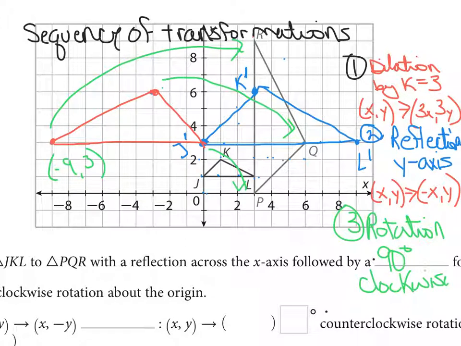And up here, R is (3, 9). And so it's going to be (x, y) goes to, whoops, I'm sorry. Yes, it would be y becomes x, and then the opposite of x.